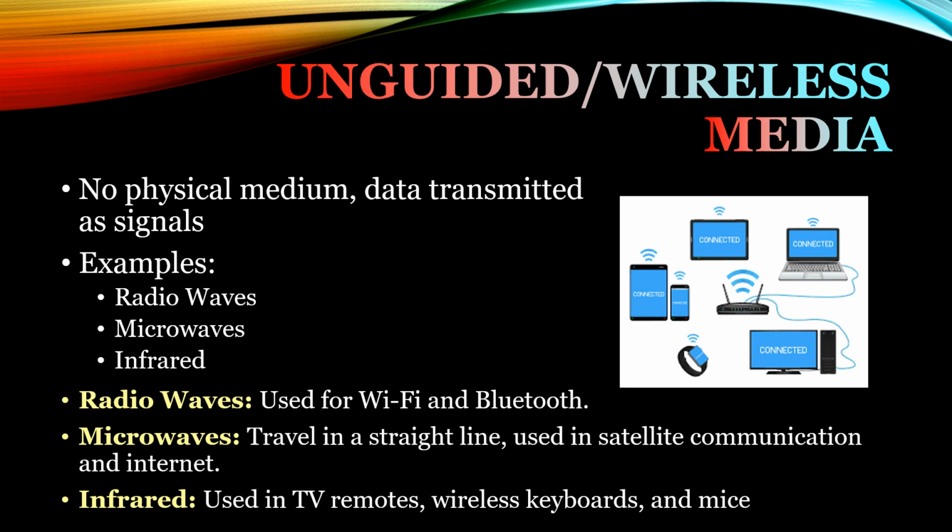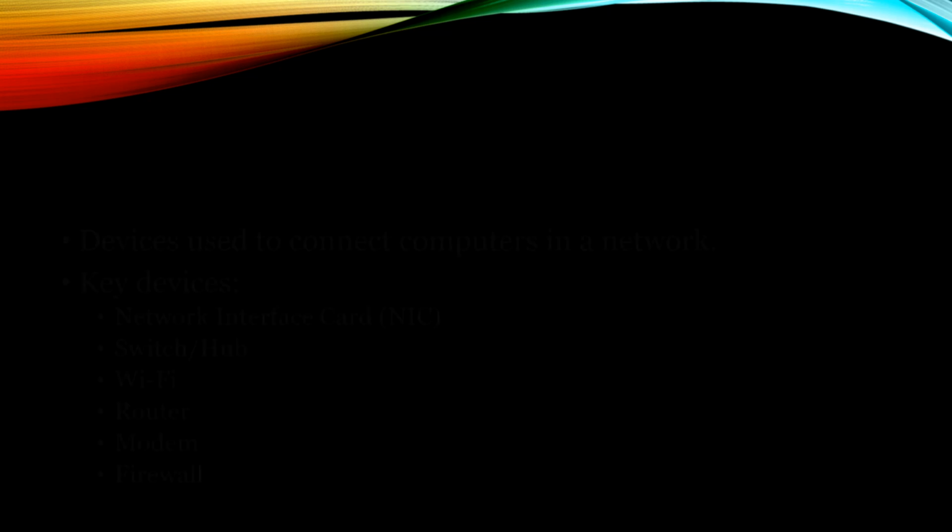Microwaves travel in a straight line and are used in satellite communication. Satellites positioned over 36,000 kilometers above the Earth can capture and transmit data across large distances. Infrared is used in devices like TV remote controls, wireless keyboards and mice.